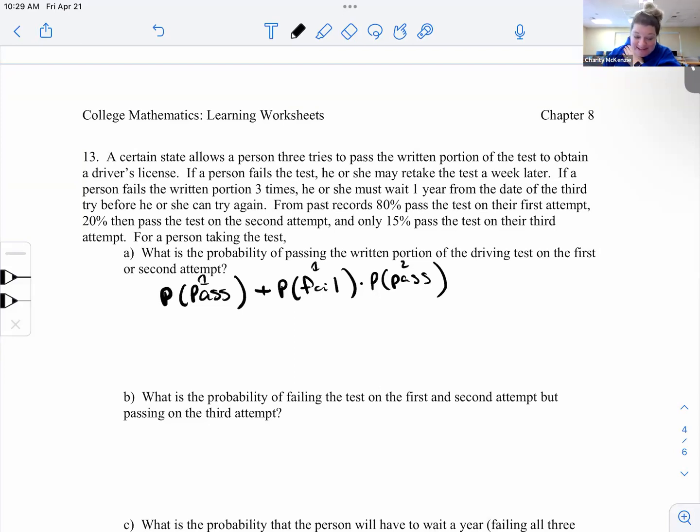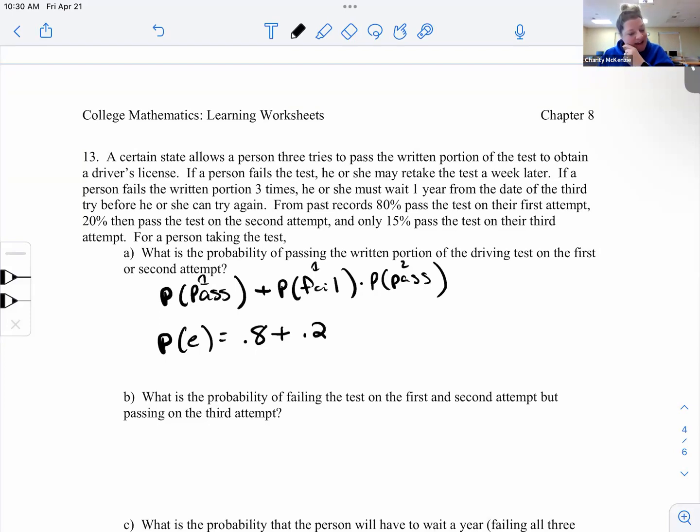So if we put this together, what's the probability of passing the first one? 0.8. Plus, what's the probability of failing the first time? Well, if the probability of passing is 80%, the probability of failing is 20%.